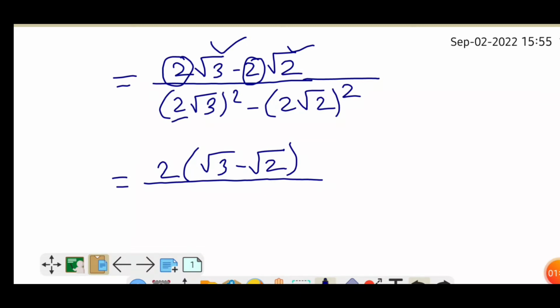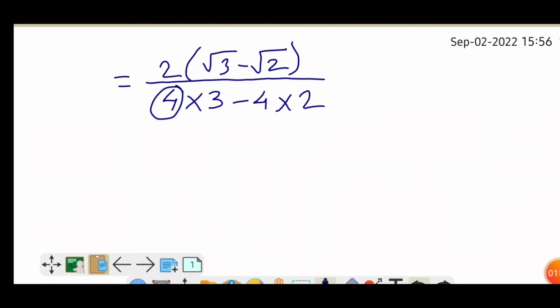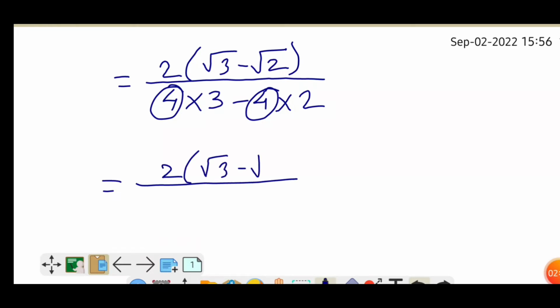And in the denominator we'll have 2 squared, that is 4, and the square will cancel the root, we'll have 3. 4 into 3 minus 2 square is 4 again, and the square will cancel the root, it will be 2. Now in the denominator 4 is common, so we'll take out 4 as common, and inside the bracket it will be 3 minus 2.